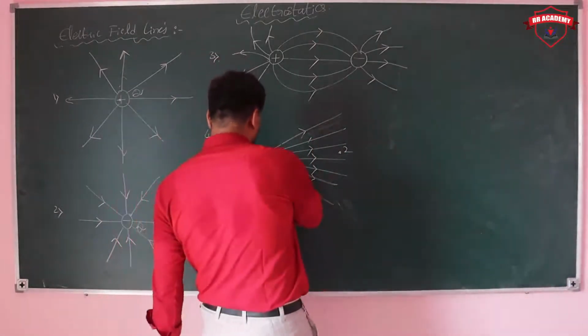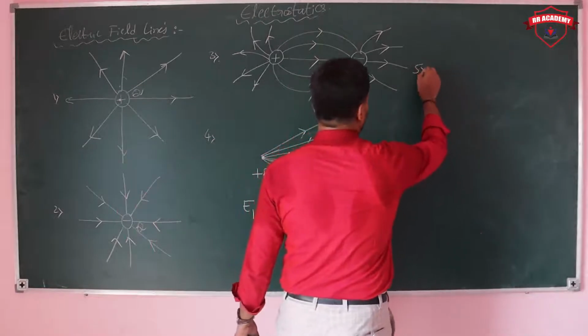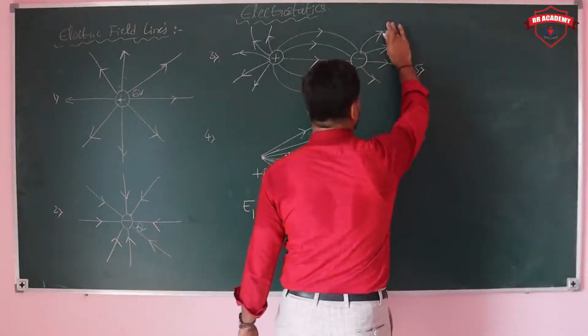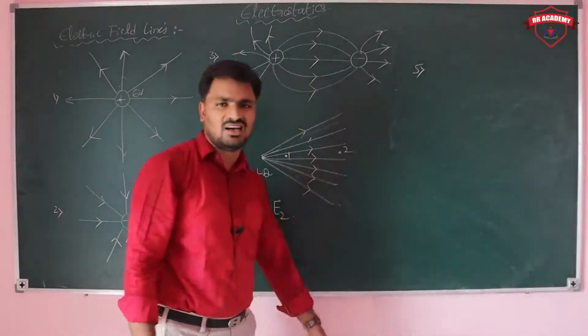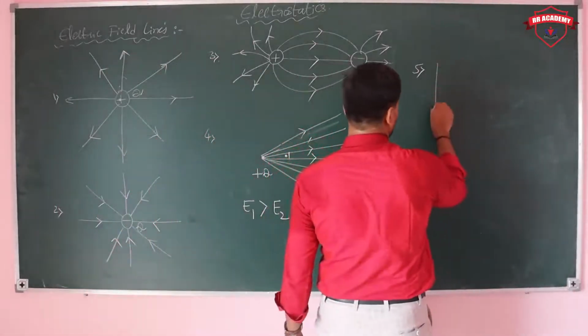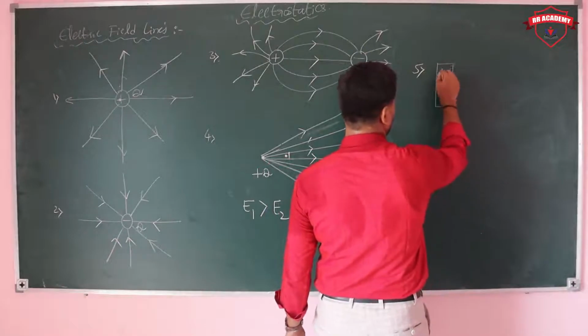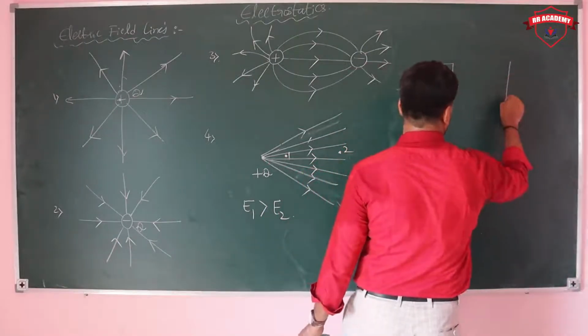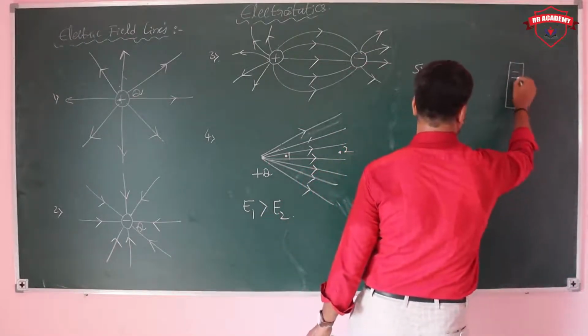Next, one more property. The field lines never intersect each other. For example, here I am considering a positive charge and here a negative charge.